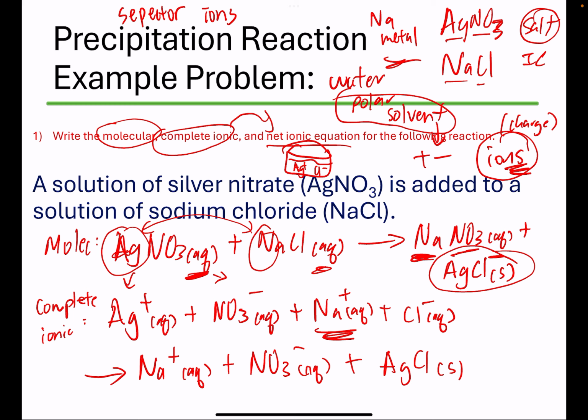The way you can find out is if they're present in a reactant and also present in ion form in the product, that means they were not involved. Think about a beaker: they were present in the beaker, and the same amount is present after the reaction. That means they were not involved in the reaction.